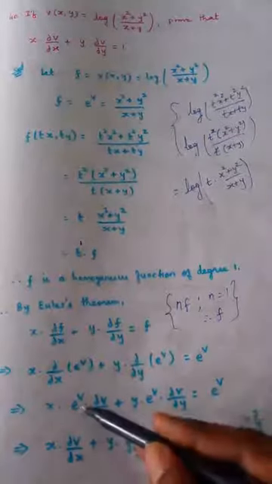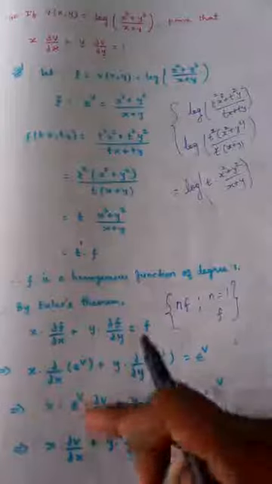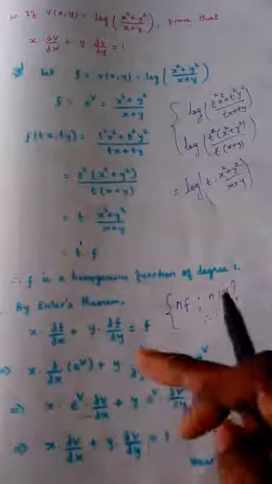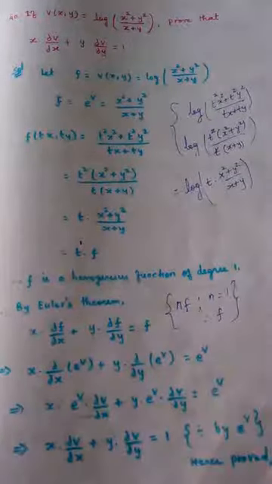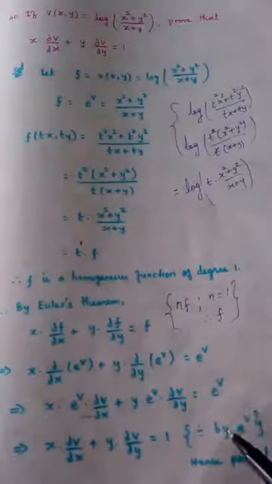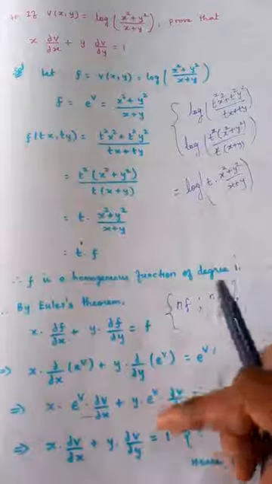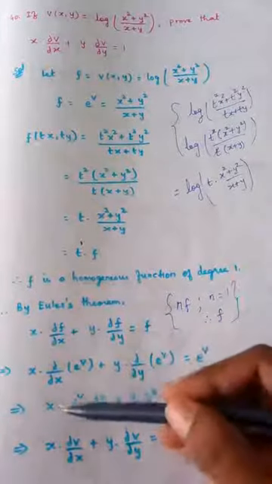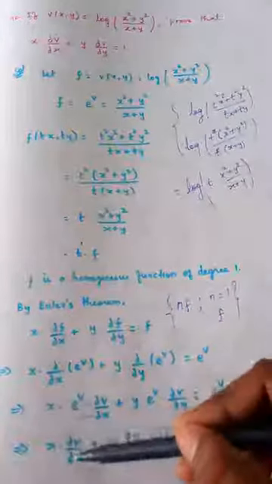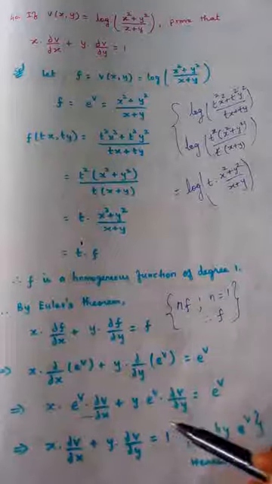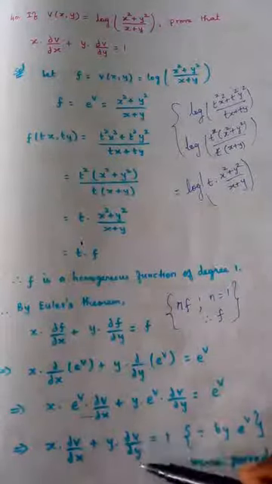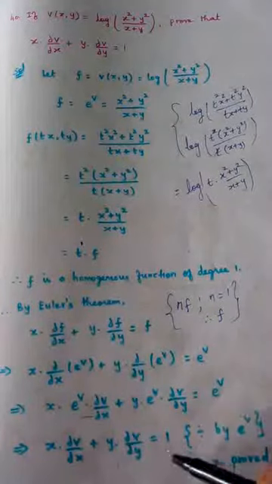Now e power v is common in all these terms, and here also e power v. So divide all the terms by e power v, and they get cancelled. The remaining result is x into dou v by dou x plus y into dou v by dou y. If I cancel e power v, it becomes 1.